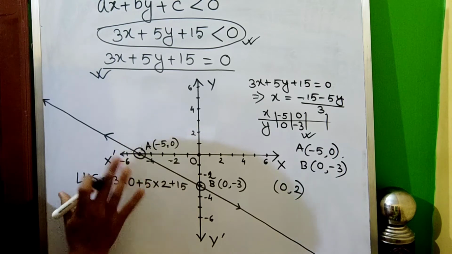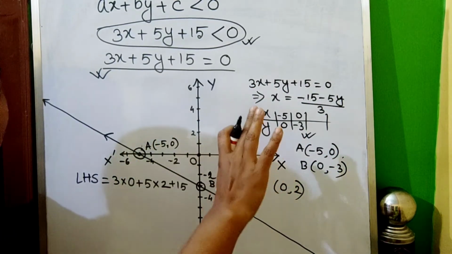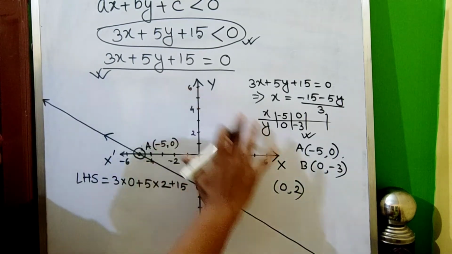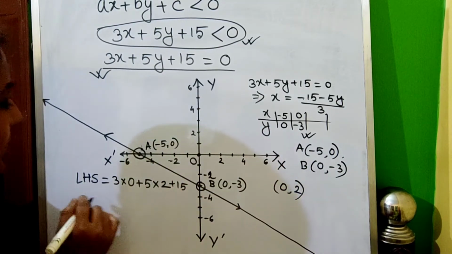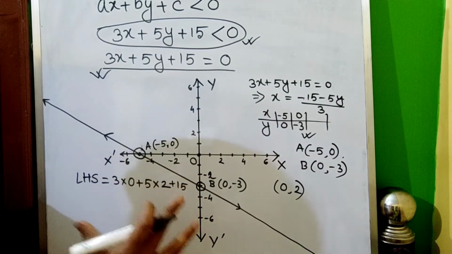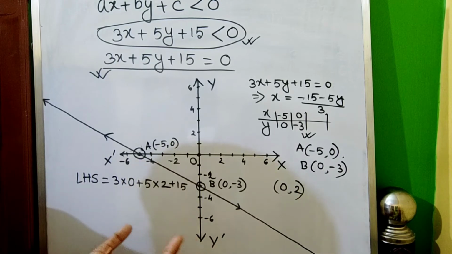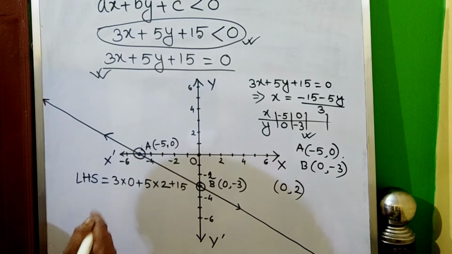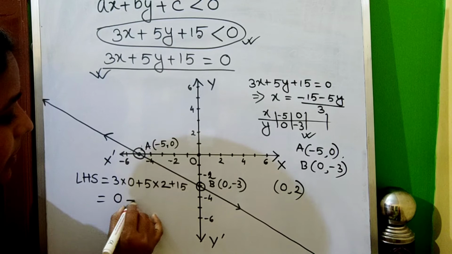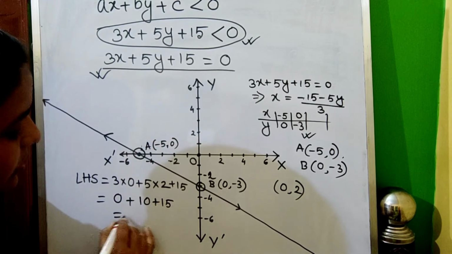You will do all the calculations in your answer part, not on the graph paper. I am doing everything on the board so that I don't have to wrap all the things and you don't get disconnected. So it is 0 plus 5 2s are 10 plus 15, which is 25.